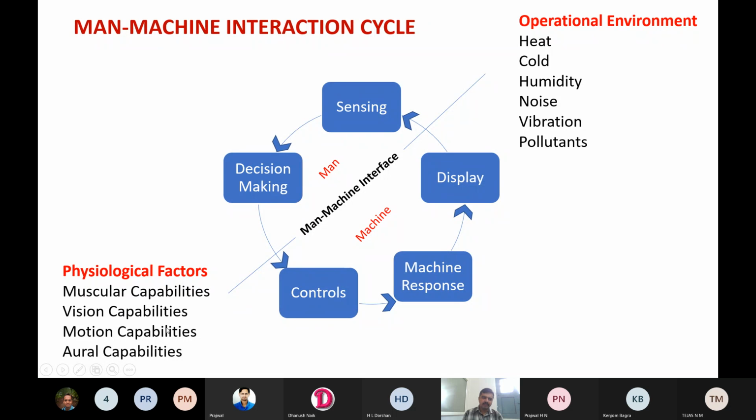So these capabilities need to be considered while designing this HMI. Suppose you have designed a display, because of the poor vision capability of a person, he may not be able to read what is there on the display. So you have to consider who are the users of your equipment or device or instrument. Based on that, you have to design this HMI.